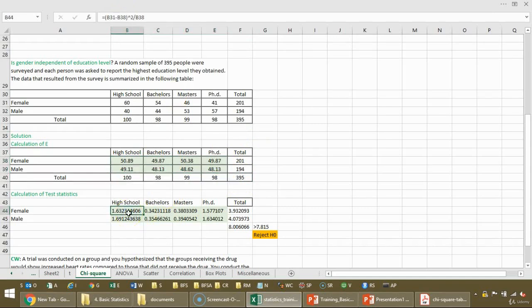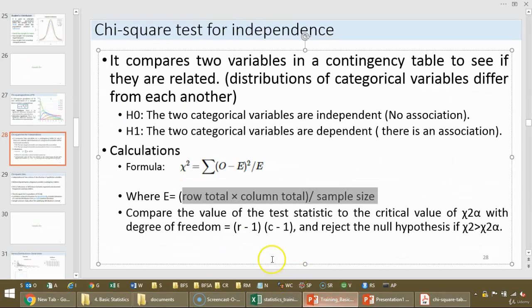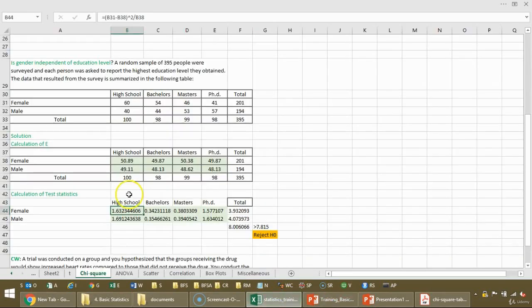Now, this is how we are going to do it. Here we had the formula again: O minus E, squared, divided by E. And when we take the total, this is the test statistic we have got.